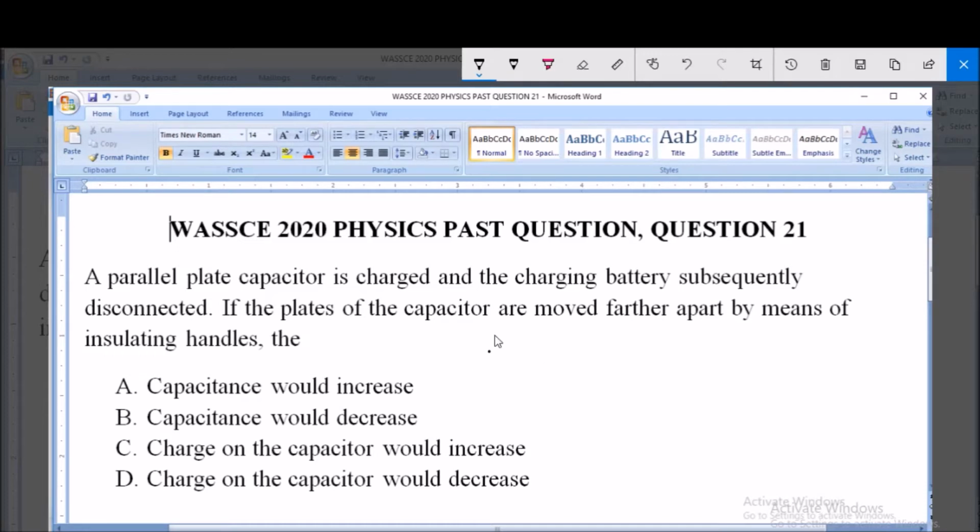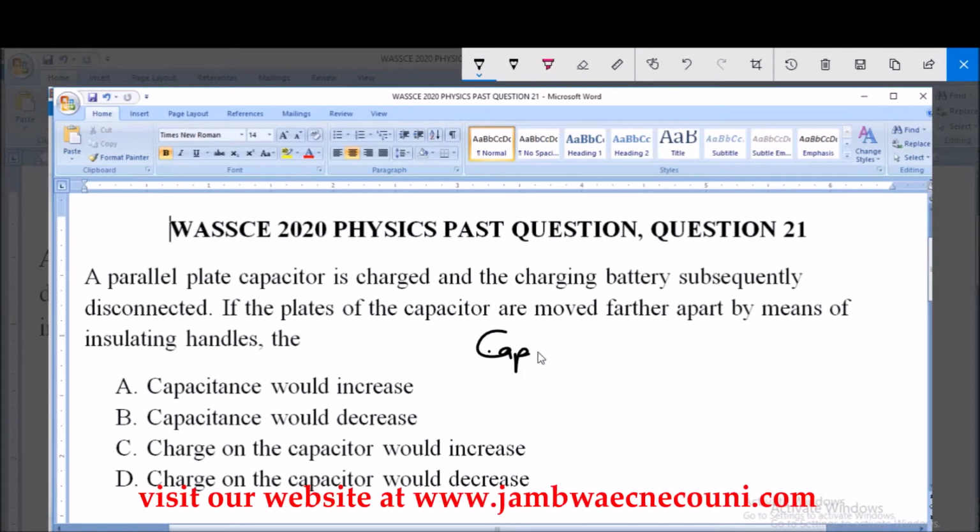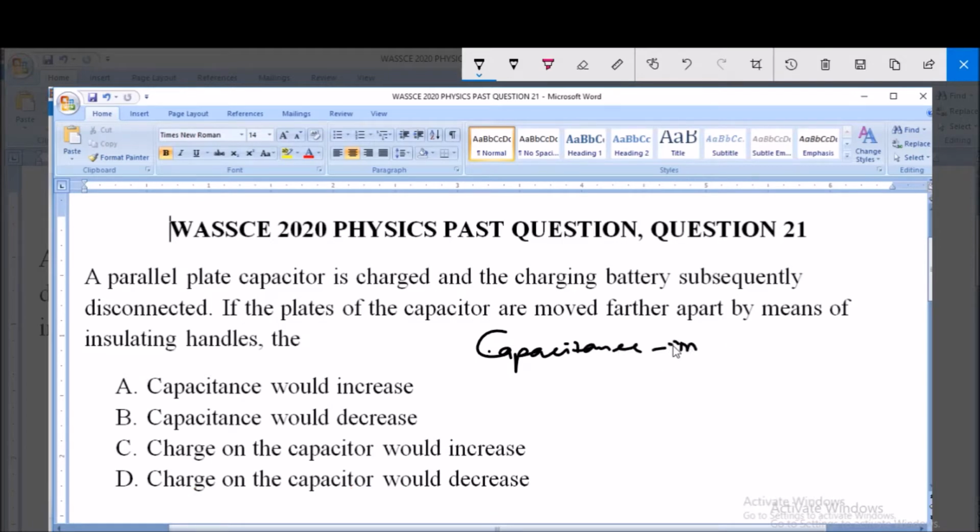Now, we know the capacitance of a capacitor is inversely proportional to the distance between the plates.